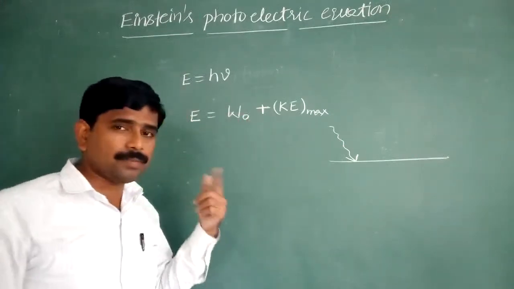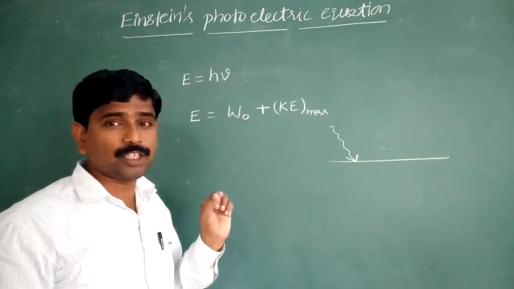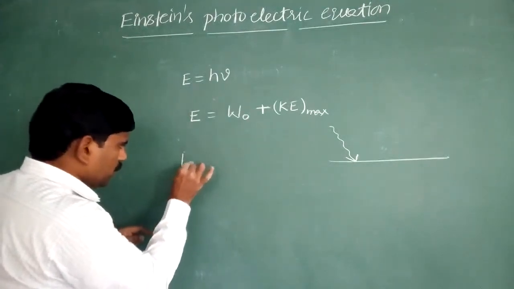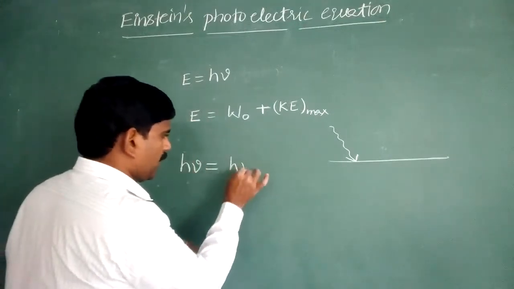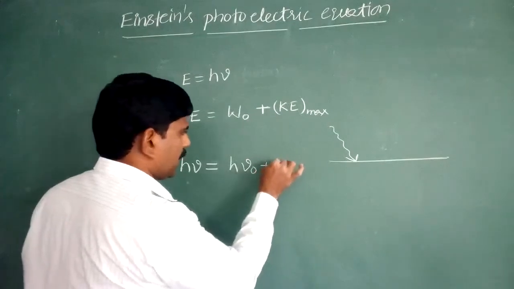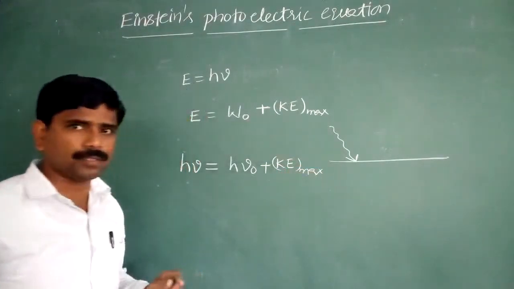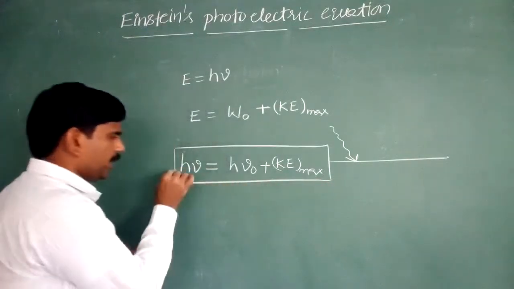The work function in terms of the threshold frequency is h nu naught. So h nu equals h nu naught plus the maximum kinetic energy. This is the Einstein photoelectric equation.